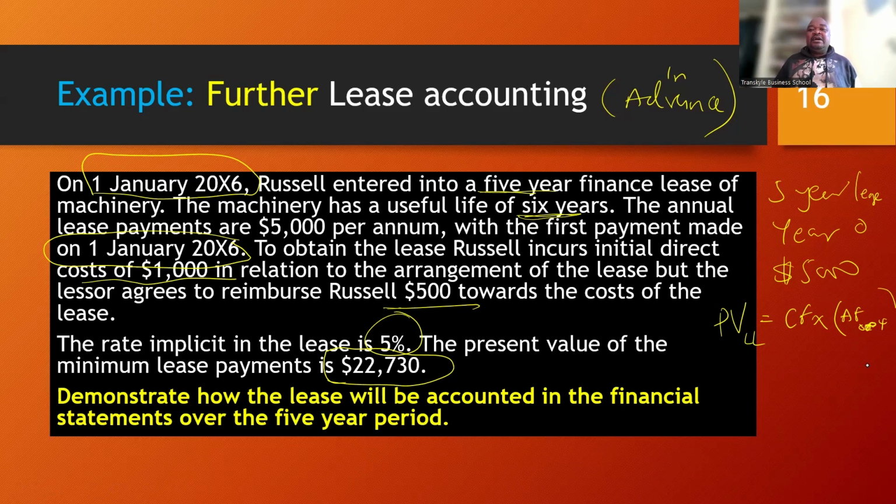Why? Because here we are having an annuity due, not an ordinary annuity. An ordinary annuity is going to be due after a year. But this one is due today. It's an annuity due. The cash flows are starting today, not in the future.